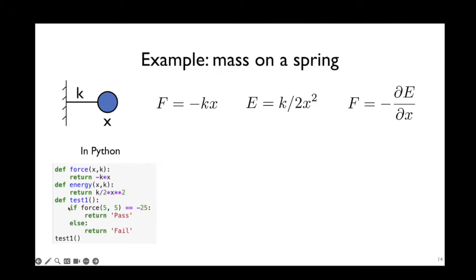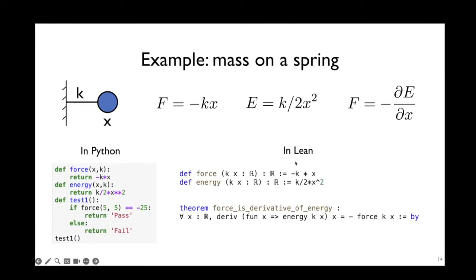So I can define a test. If I pass in 5, 5 into my force and I get negative 25, I'll say pass or fail. And this can be helpful. If this was one small part of a very large program and somebody messed up part of the code that was supposed to be passing this test, then running this test along with all the other ones would flag it as a problem.